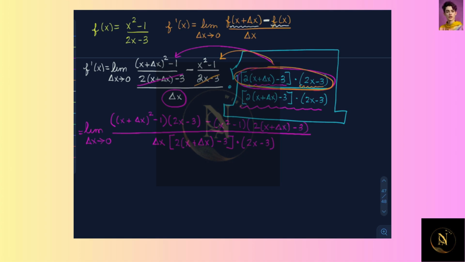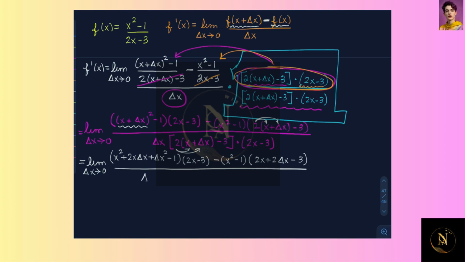So the next thing I'm going to do is square this binomial, and distribute here, and distribute here. So in my next step, I'll have the limit as delta x is approaching 0 of x squared plus 2x delta x plus delta x squared minus 1 multiplied by 2x minus 3 minus the binomial x squared minus 1 times 2x plus 2 delta x minus 3.